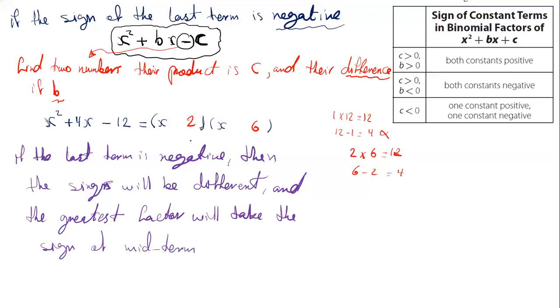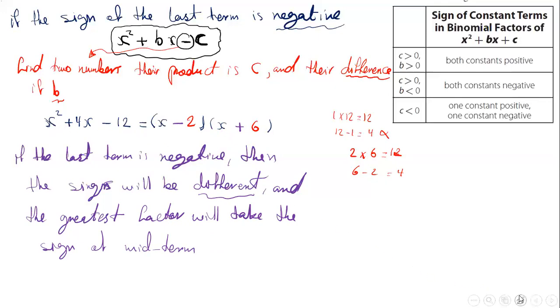What does it mean? Which one is greatest, 6 or 2? 6 is greater than 2. So 6 will take the sign of the midterm, plus, and 2 will be different because the rule said different. If you multiply the two binomials, you will find the trinomial.